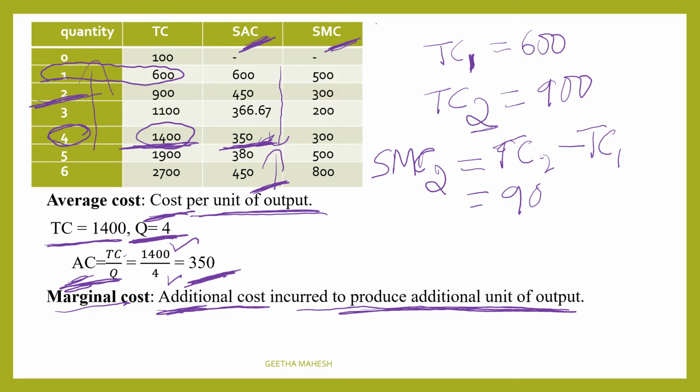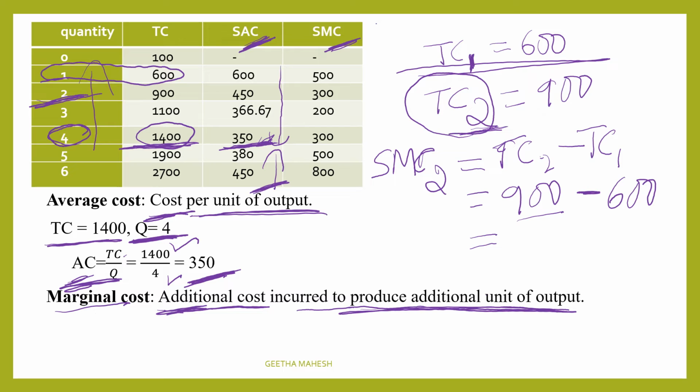So what is the total cost incurred to produce the second unit? It is 900 minus the total cost for the first unit of output, 600. If you take the difference, the marginal cost is 300 rupees. To produce one more unit of output, you have incurred 300 rupees.